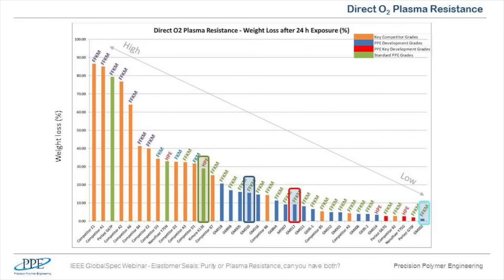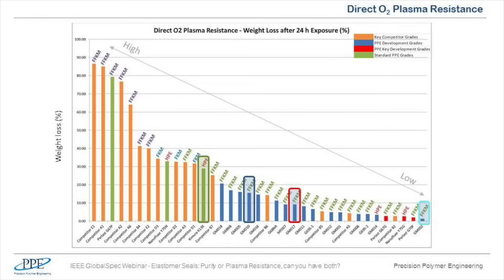You can see on this chart the weight loss values in percentages of tens of different elastomer O-ring materials, and high erosion rates or high mass loss is at the left of the chart, and low erosion rates at the right hand side of the chart. Low weight loss is obviously preferred, which means that the seals will last longer.